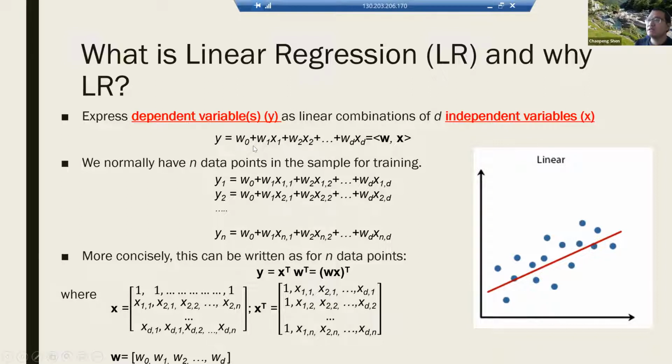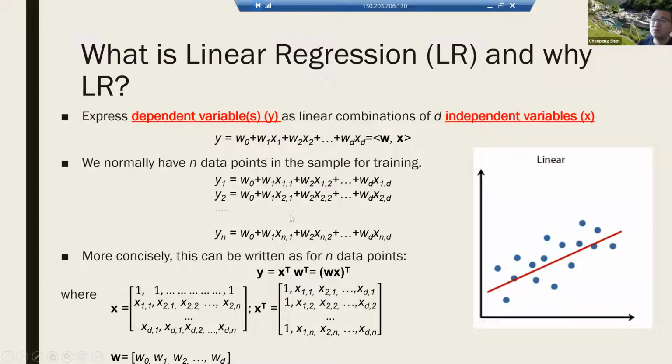To write it as a mathematical formula more concisely, we know that y is equal to some bias term times the linear terms, and you can write it as a concise inner product between the w and the x, right? However, normally we have n data points in the sample. For example, in this case, we have 671 bases, so n would be 671.